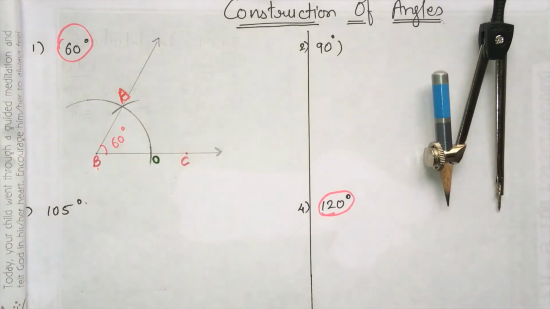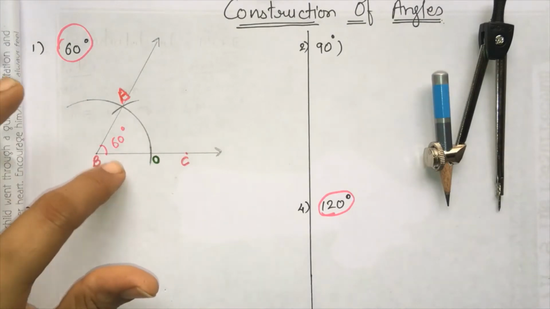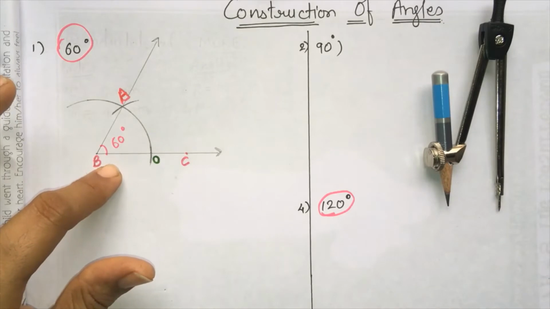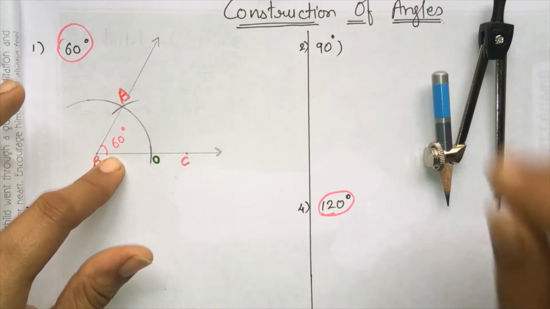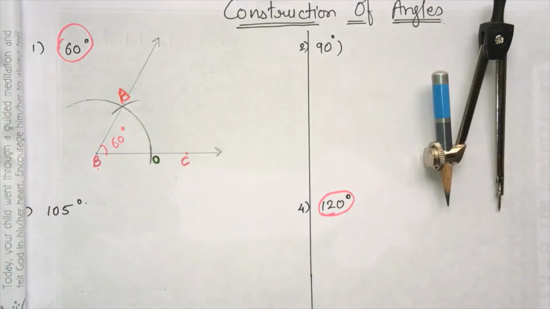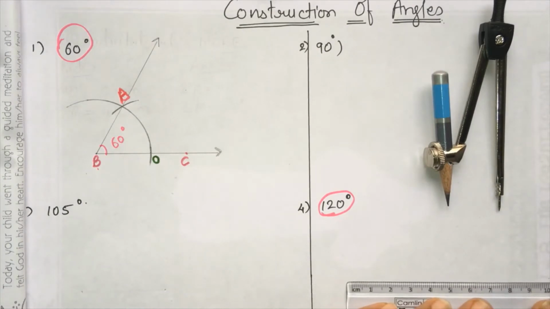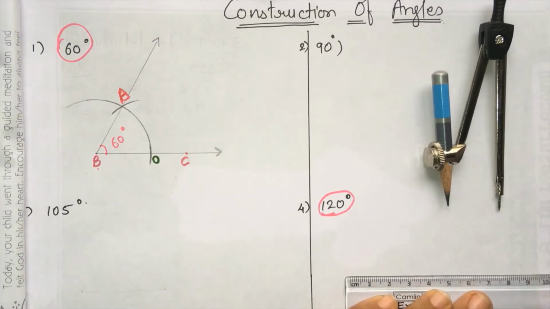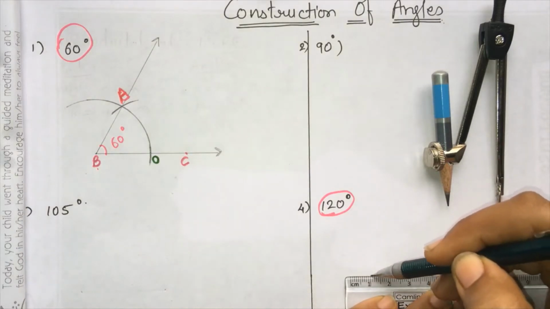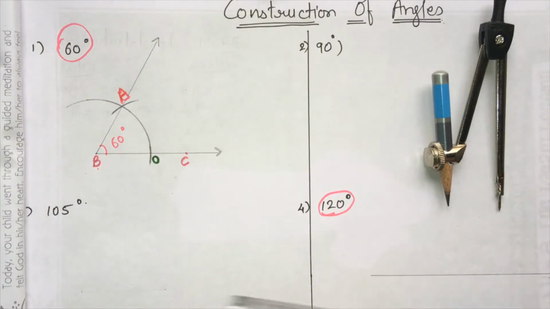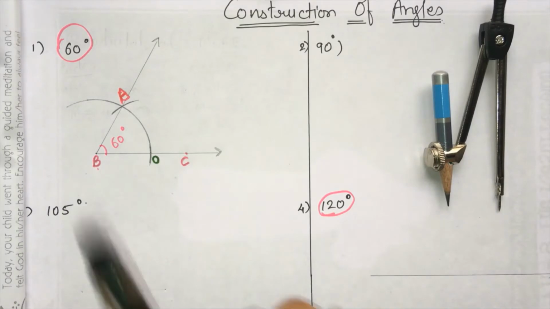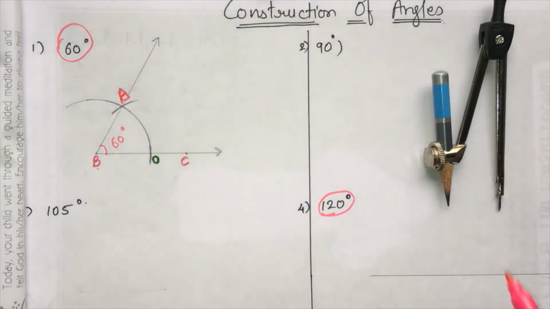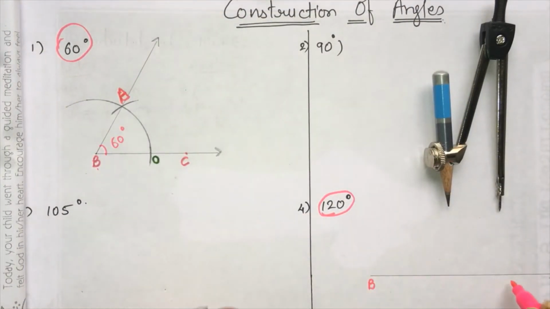For that, whatever we have done for 60 degree, the same we are going to repeat. First, draw a ray and name it. Same names I am going to give, B, C.